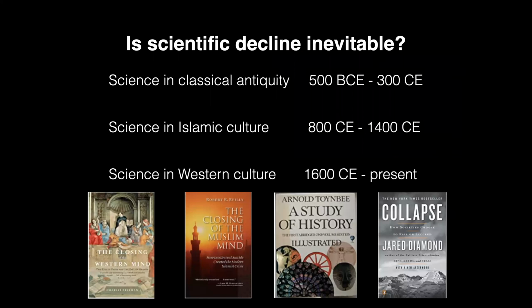So the question that I pose now is, is scientific decline inevitable? We've seen that science in classical antiquity lasted for a period of about 800 years, from 500 before the Common Era to 300 of the Common Era, with the Greeks and mostly Romans in a subsidiary role.